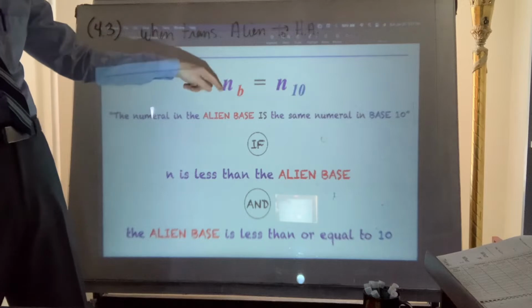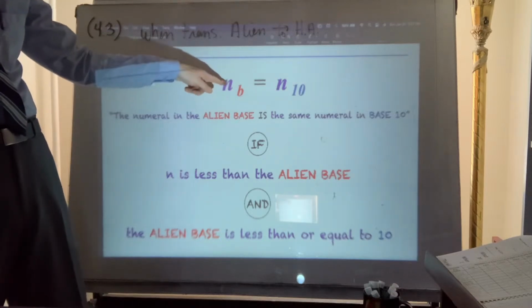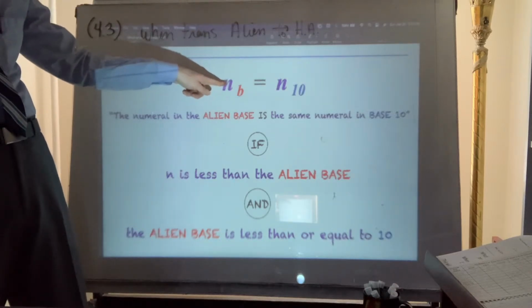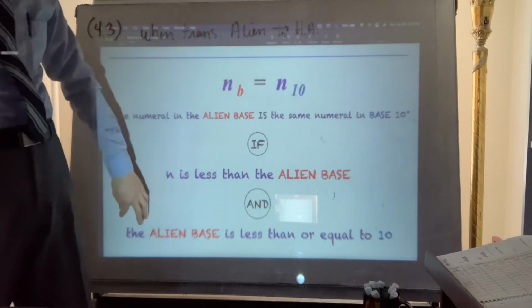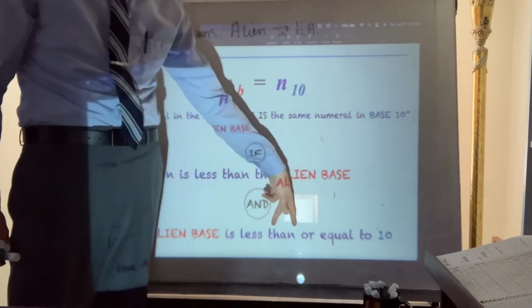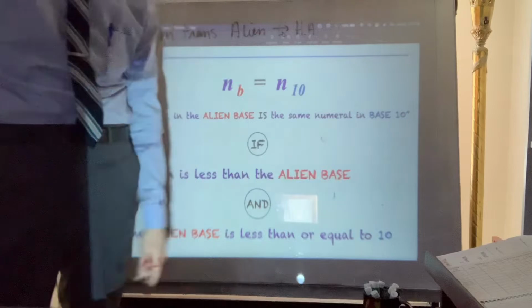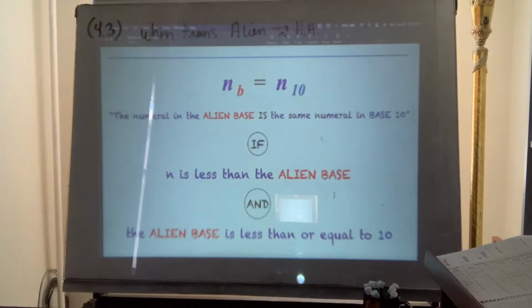If the number here is smaller than the base number, and the alien base is less than or equal to 10. That's going to be useful later.